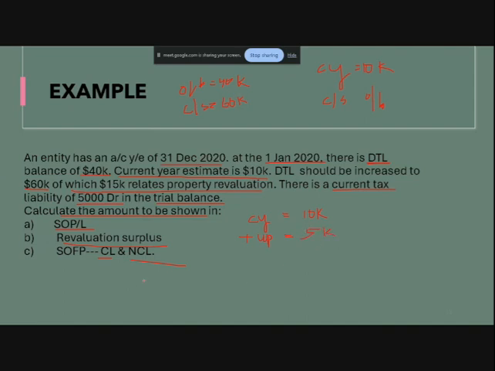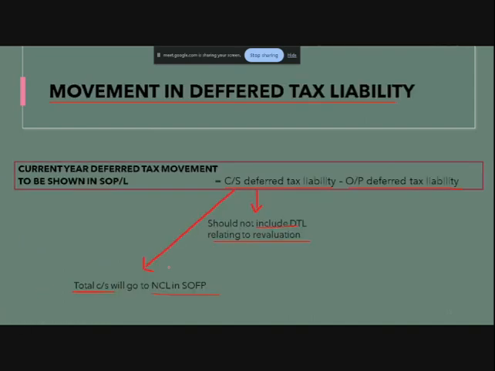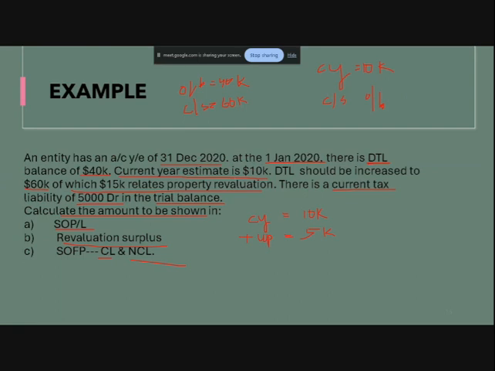Now you have to find the movement in deferred tax.